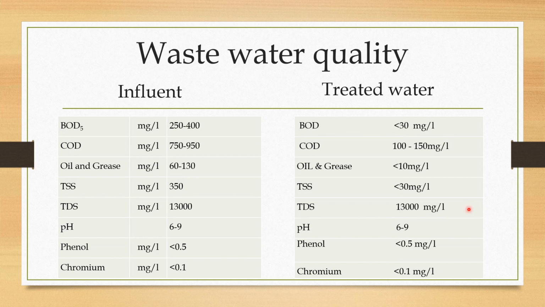Then we can reduce the TDS and reuse the water for further usage. pH will be around 6 to 9 by neutralizing in the neutralization tank by means of acid and caustic, so that we can use it for gardening, or even send it to the outfall. Phenol and chromium, normally if they are low, will come out as such in the effluent itself.